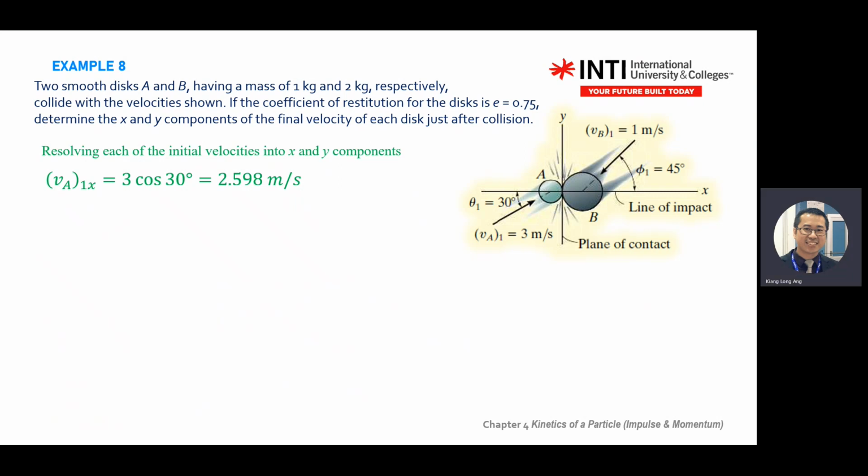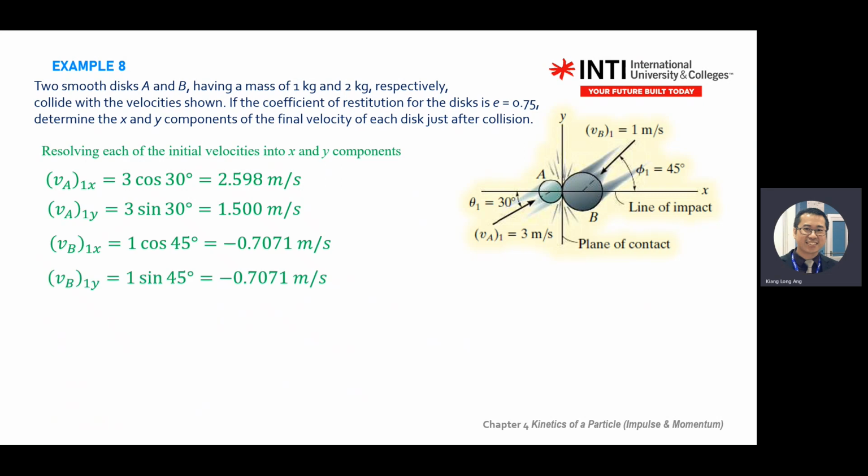This is V, you split into XY. This is B. All right, but before you do this, remember where your principal positive and negative are. In this case, all the X positive and negative are already given in the diagram. All movement to the right along the X-axis is positive. Y is positive. So you will get a negative value for your X and Y components. For object B, you get a negative sign later.